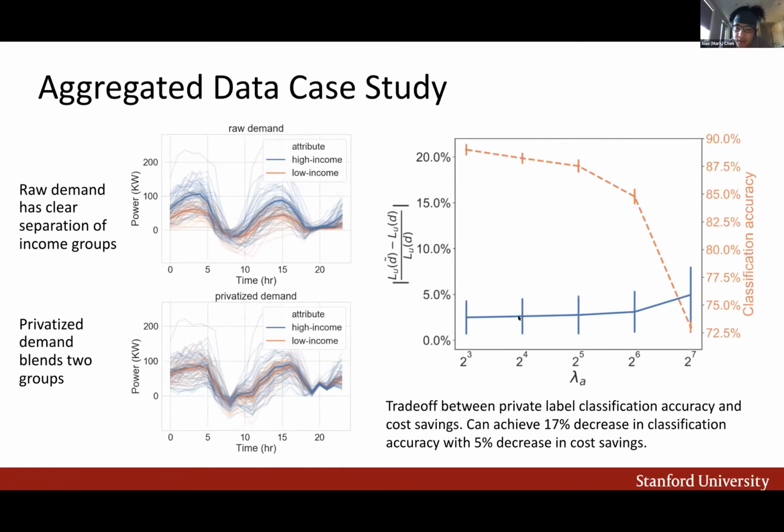We can see that as we put more and more weight on privacy, the performance loss for the control cost is still very minimal, only up to about 8%, while the accuracy drops dramatically from almost 89% down to 72%.